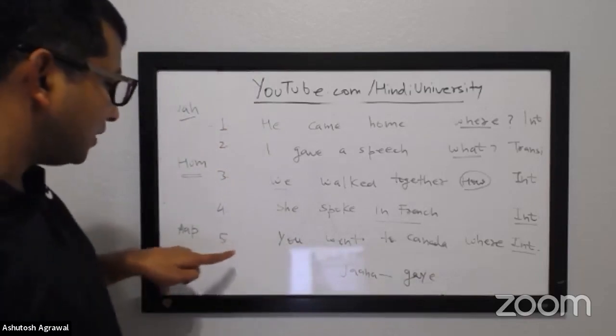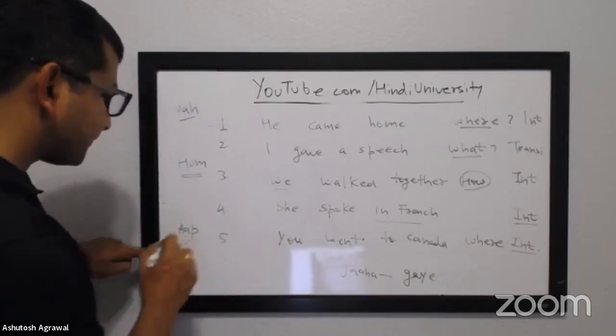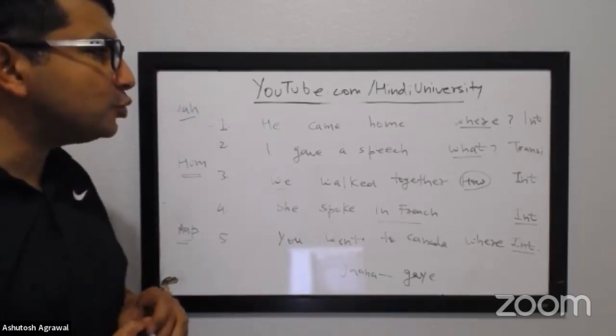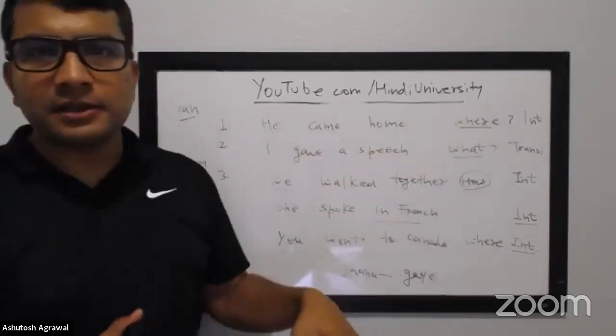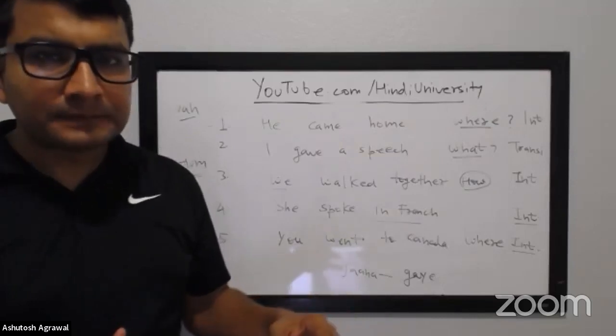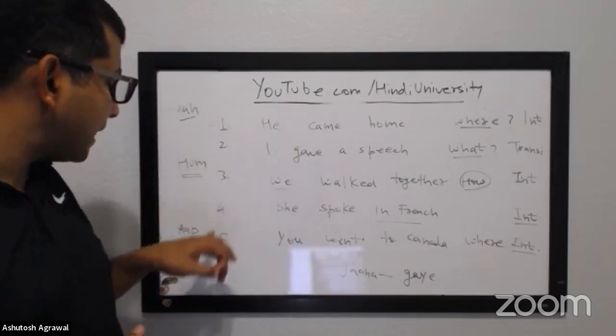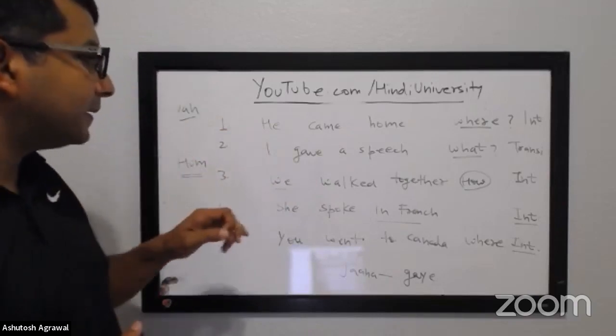So aap remains as it is. So the next thing is, when you are saying the intransitive verbs in the past tense, the verb is getting conjugated, but the pronoun remains as is: aap, tum, vah.